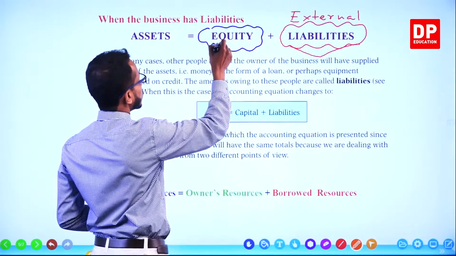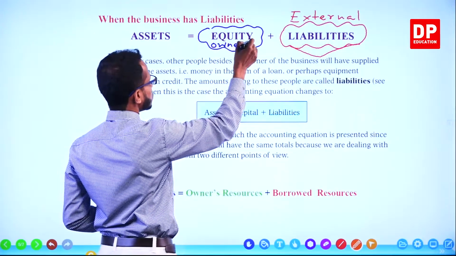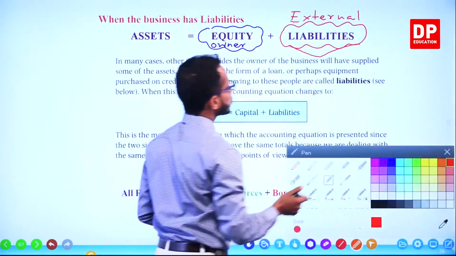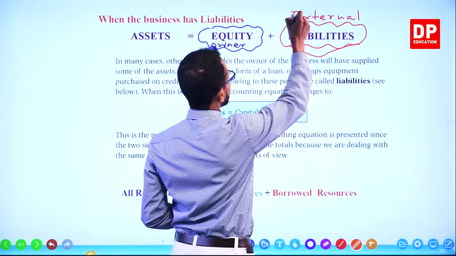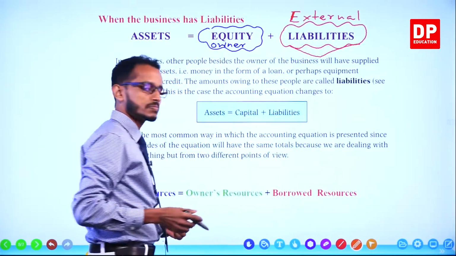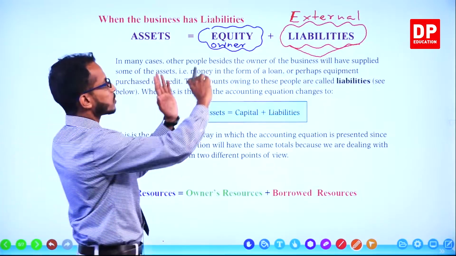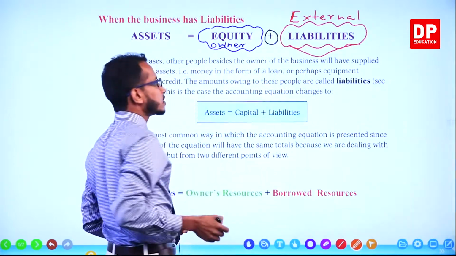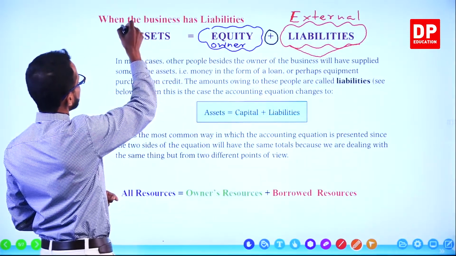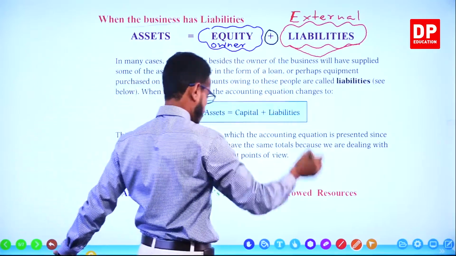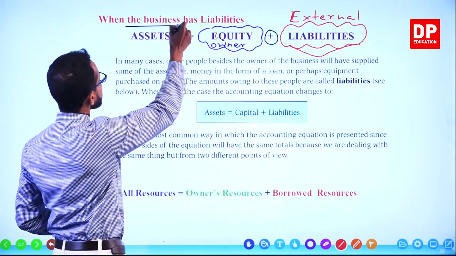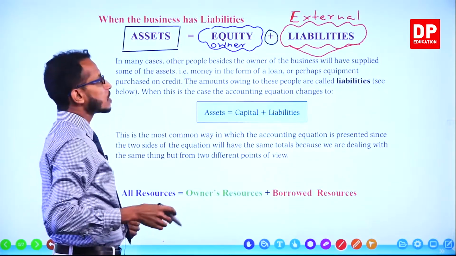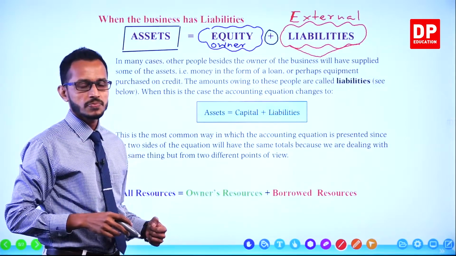So, the assets or the resources which belong to the owner, and the assets or resources which belong to external parties, all those get together and form the total assets of the business.